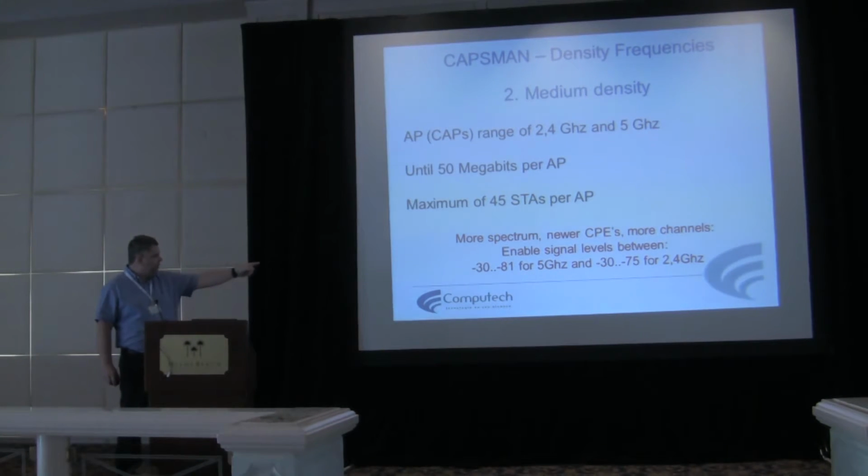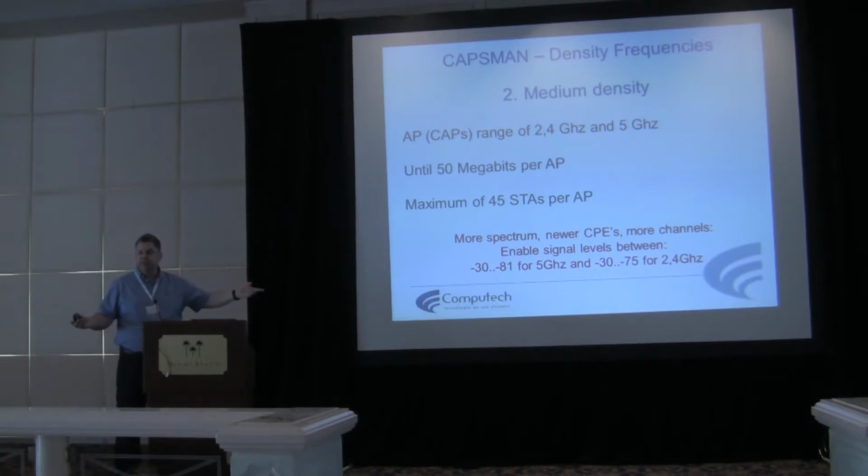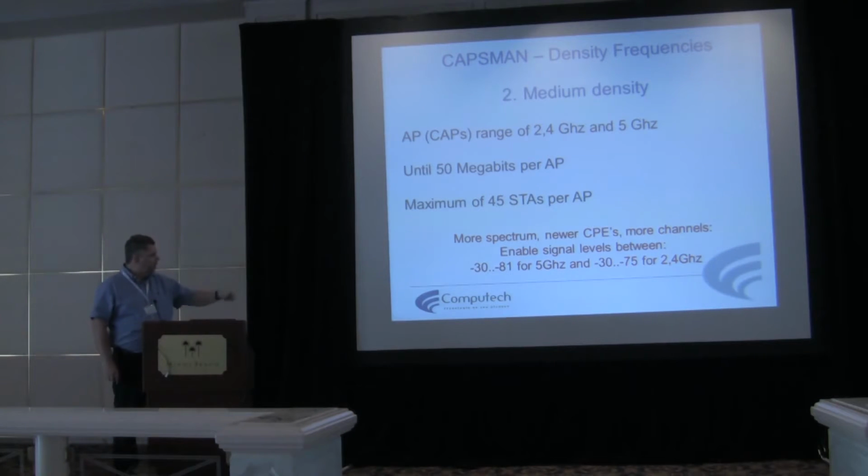So even using a higher frequency, you have to be 6 dBm more sensitive than in 2.4 to compensate for the higher frequency. So the coverage area is almost the same, almost.